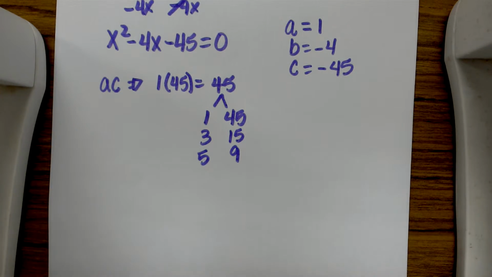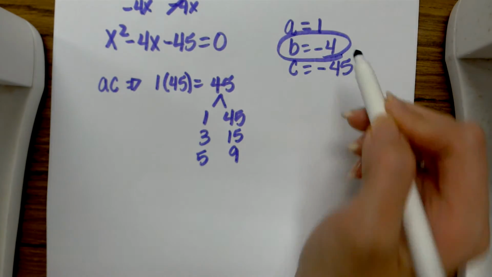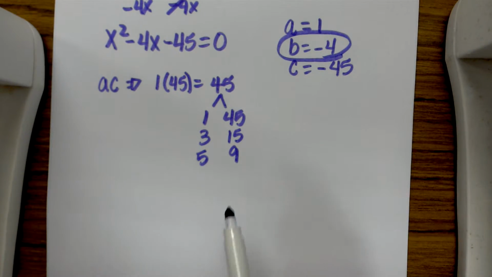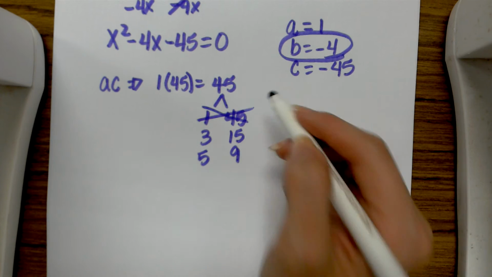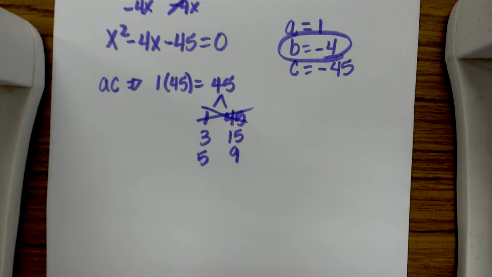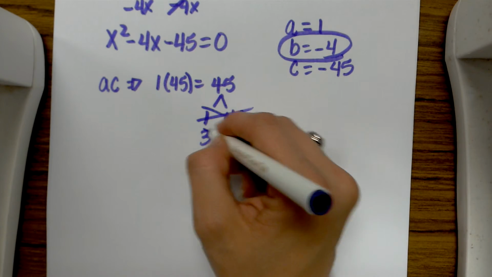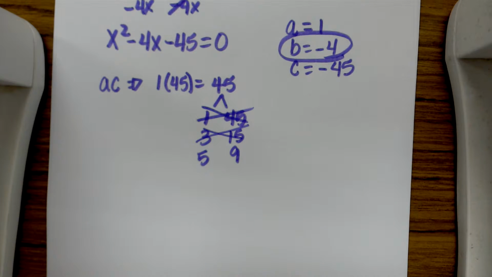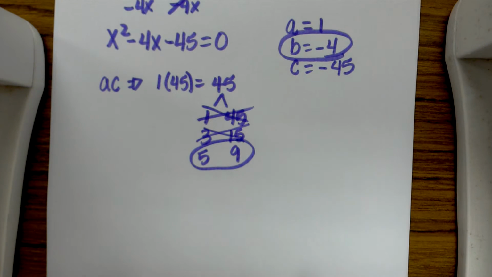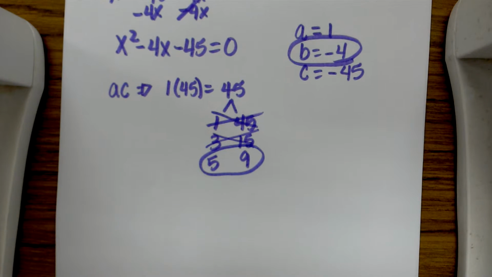So let's see what's going to give us our B value. If I have 1 and 45, that's not even close to negative 4. 3 and 15, not even close either. But if you subtract 5 from 9, you do get negative 4. So this is what we're going to use. Let's rewrite it.